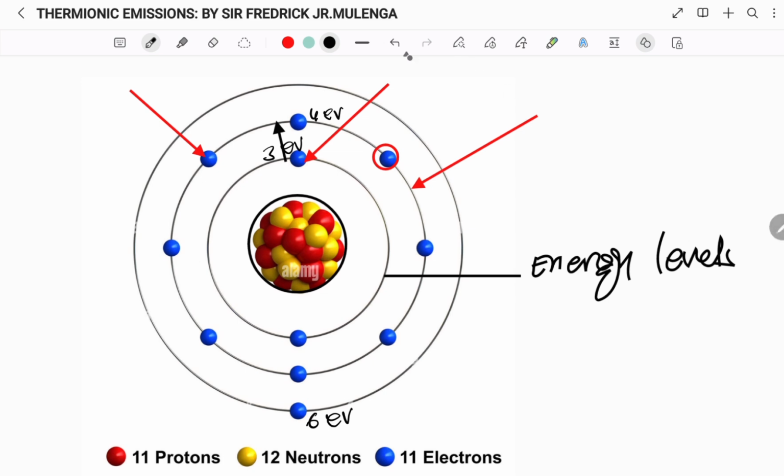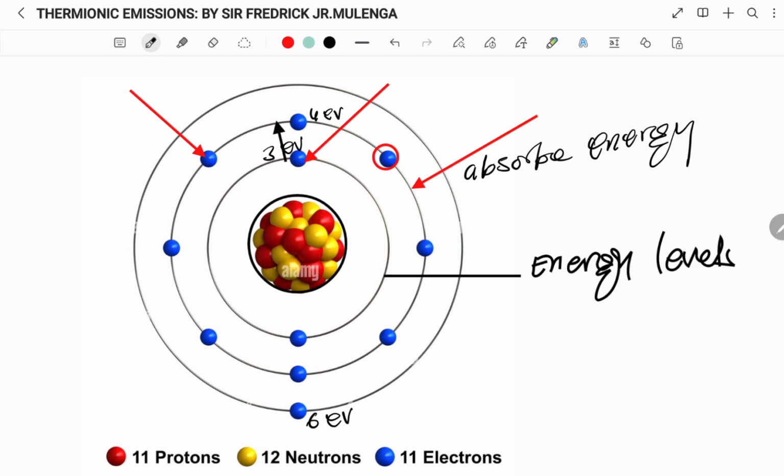When we continue applying more energy, they will again absorb this energy and jump to the next energy level.